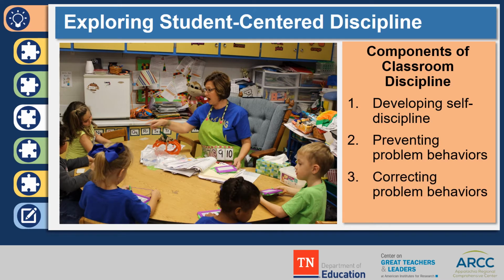Although distinct, the practices that support each of the 3 components work together to enhance students' ability to manage themselves. It is important to note that preventing problems or correcting problem behaviors does not mean you're helping students develop self-discipline. Rather, self-discipline involves helping students manage themselves and understanding the reasons to demonstrate positive behaviors.